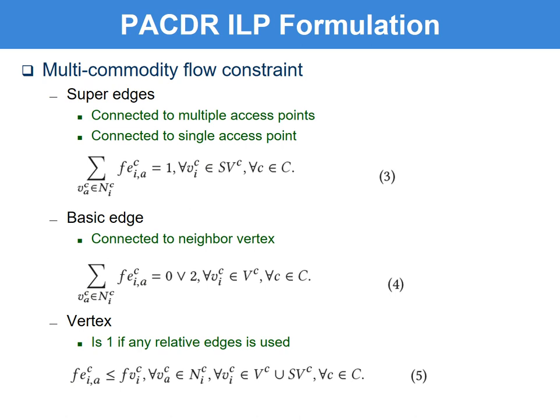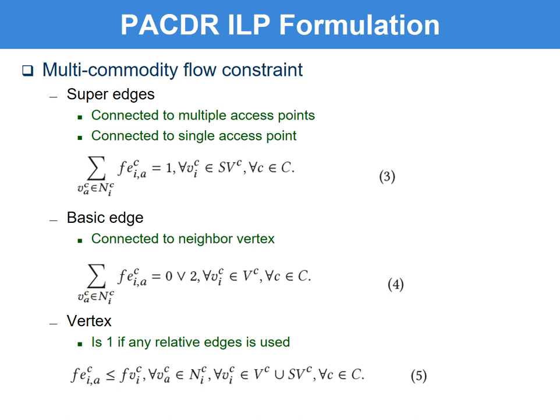The total flow on the neighboring edges of a super vertex is set to be 1, which ensures that at least one access point is used for the source or target. The basic edge constraint determines whether a connection passes through a vertex or not, and the total flow on the neighboring edges of a basic vertex is either 2 or 0.